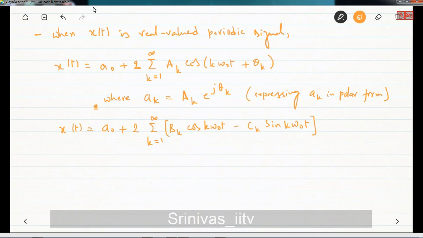And what are these b k's and c k's? You simply find a k and then express that as, so this is expressing a k in rectangular form.